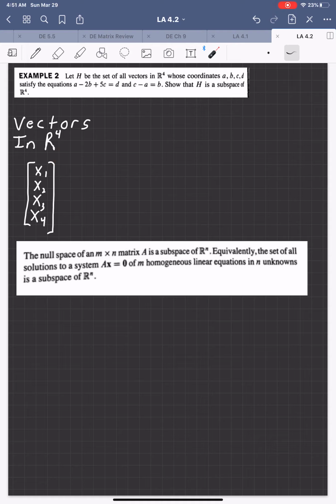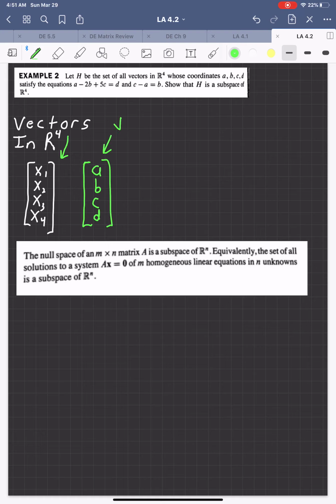Now, H is a set of vectors in R4 whose coordinates A, B, C, D satisfy the following 2 equations. So every vector in H is going to take on the form A, B, C, D, right? These are vectors in R4.